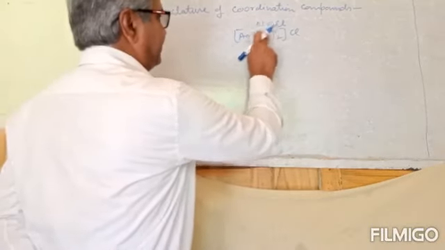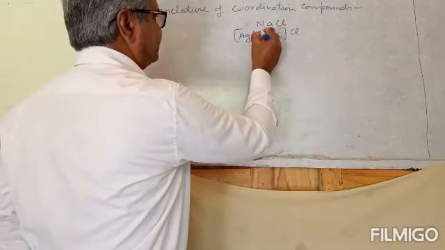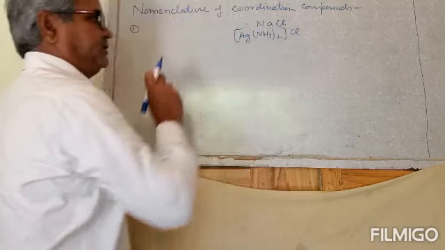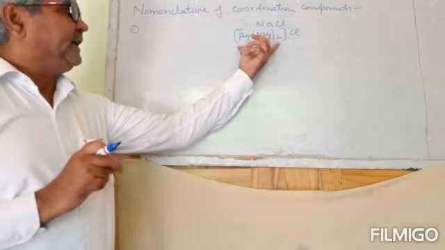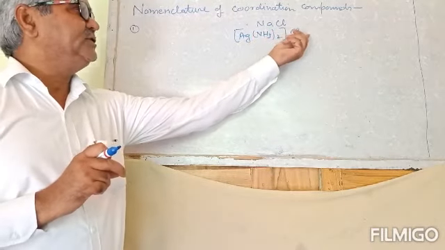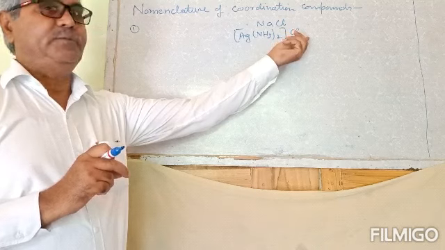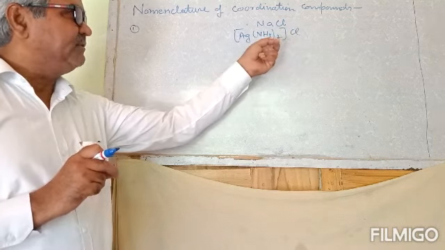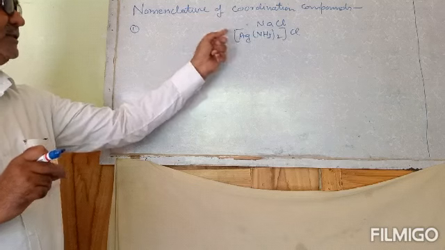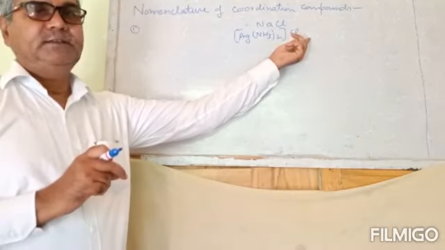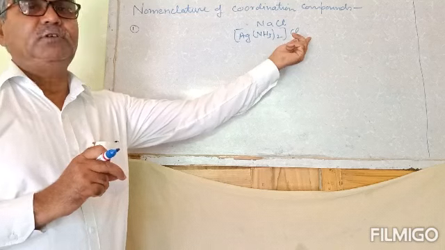Sorry, NH3, not Cl. So this part is cationic part and this is counter and anionic part. So the name of this complex part will be given first, followed by this counter ion, that is the chloride.